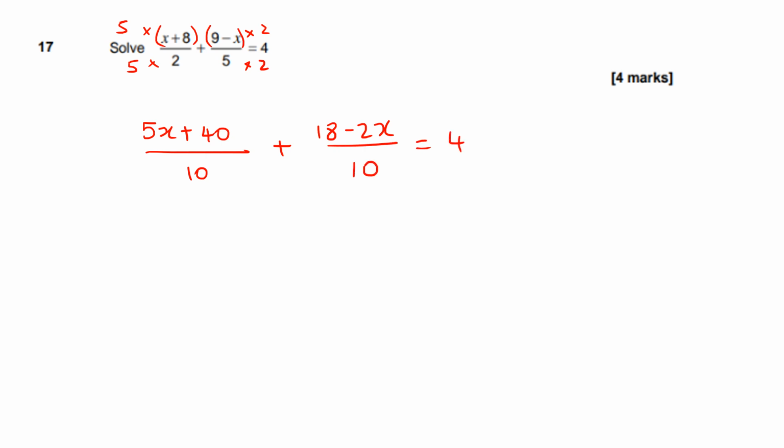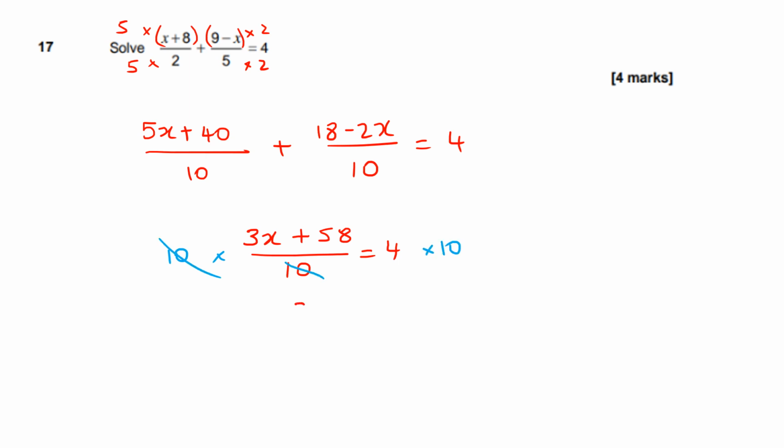Since I have the same denominator now, I can add this fraction and then I can multiply both sides by 10. 5x take away 2x is going to be 3x, and 40 plus 18 is going to be 58 out of 10 is equal to 4. We can times both sides by 10 at this stage to cancel out the 10s.